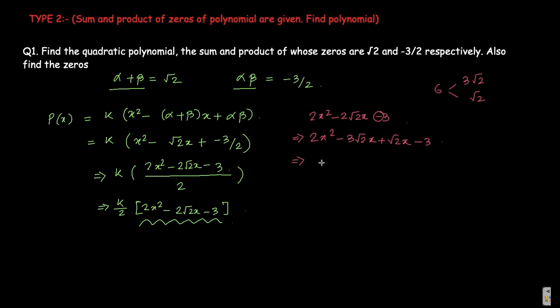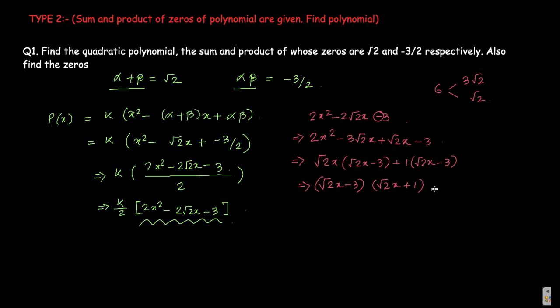Taking root 2 x common, it becomes root 2 x minus 3, plus 1 common, root 2 x minus 3. Then taking root 2 x minus 3 common, the rest is root 2 x plus 1.